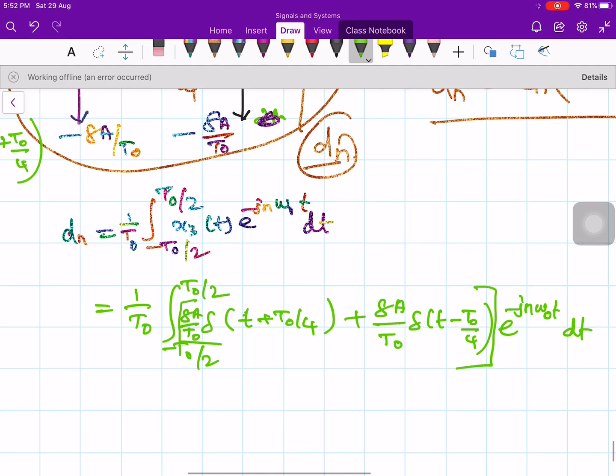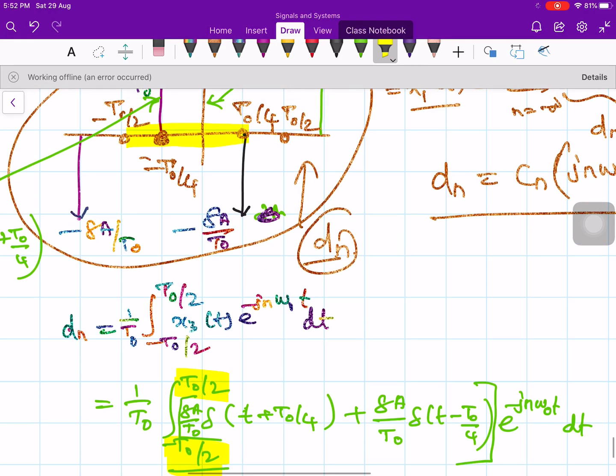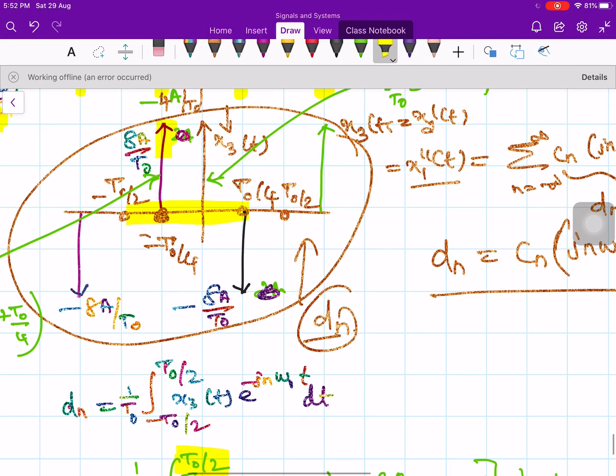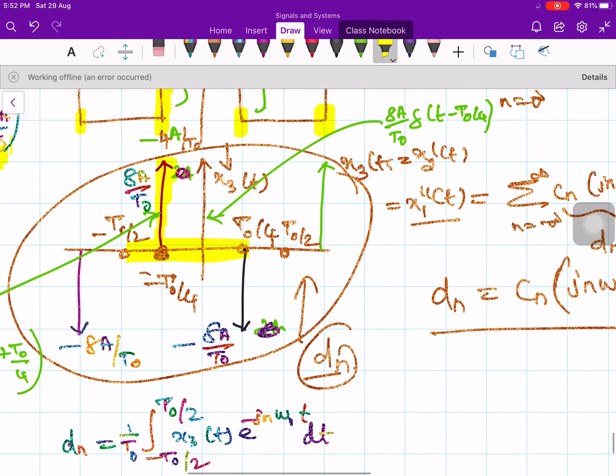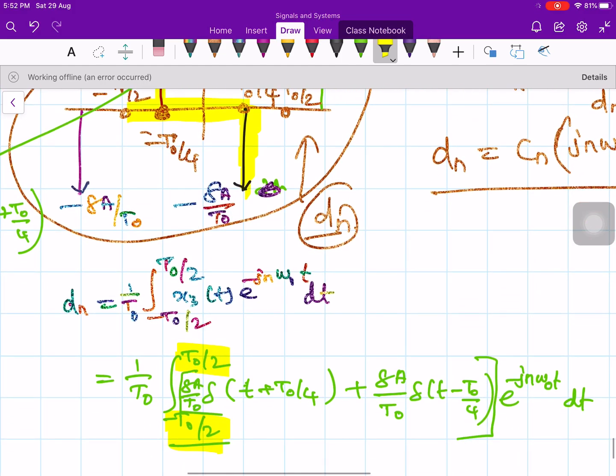Okay, so in this range of integration I have two impulses. This is one impulse and, sorry, this is a negative impulse, therefore a minus should come here. So instead of plus, you will get a minus 8a.